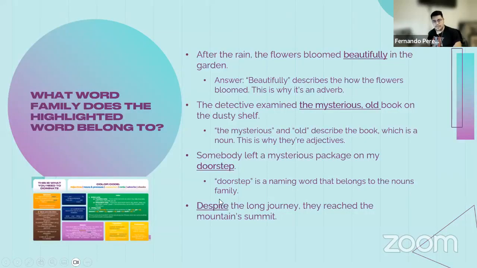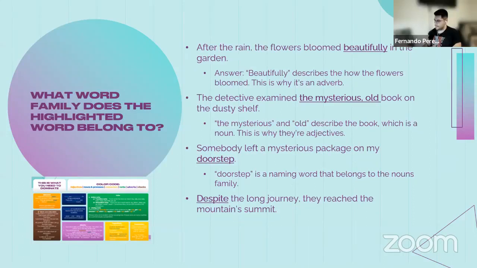Next to the word despite, you have the long journey, and the long journey together is a noun phrase. The only word that connects nouns is prepositions. Therefore, what is despite?